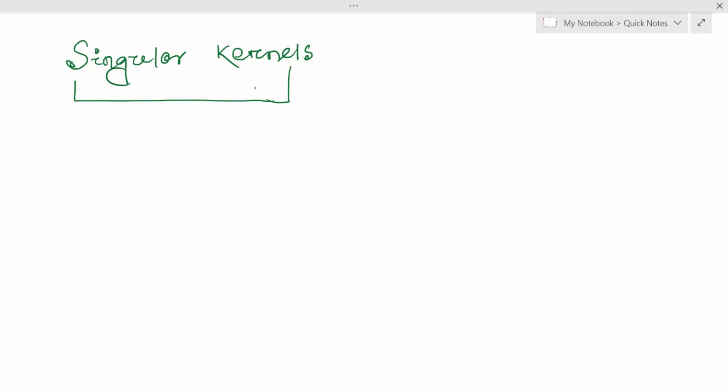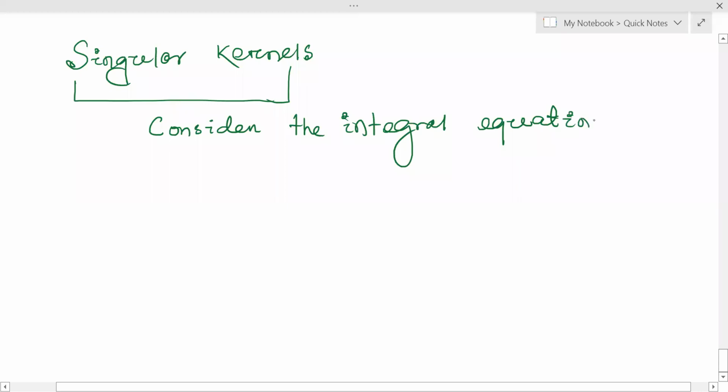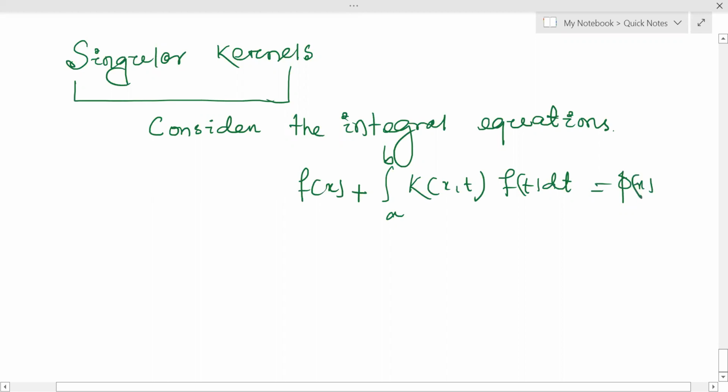तो सिंगुलर कर्नेल्स में क्या करेंगे, जस्ट वी डिफाइन ए फंक्शन, कंसीडर द इंटीग्रल इक्वेशंस. इंटीग्रल इक्वेशन को हम कंसीडर करेंगे. f(x) plus the integral from a to b of k(x,t) f(t) dt is equal to φ(x), and the value x lies in between a and b.